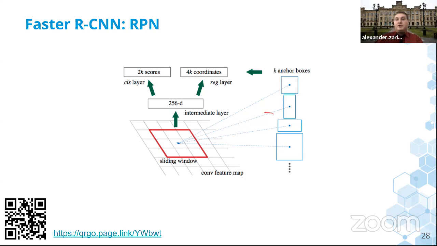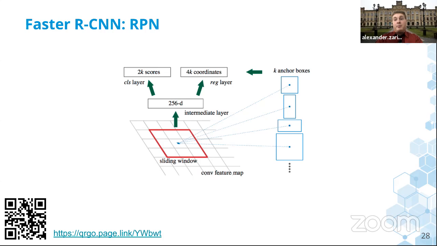And we simply try to detect whether the insides of these bounding boxes contain some object, and we use features to classify and to adjust these anchors to well cover the whole distribution of bounding boxes in our dataset.